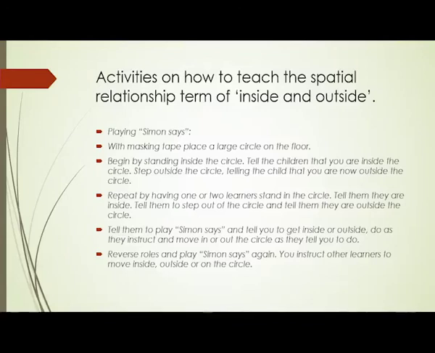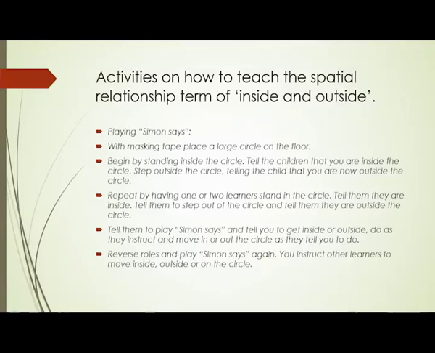Tell the children that you are inside the circle. Now you step outside the circle, telling the children that you are now outside the circle. So you make a circle, be inside and tell them I'm inside the circle. Jump out or step out and say I'm outside the circle.